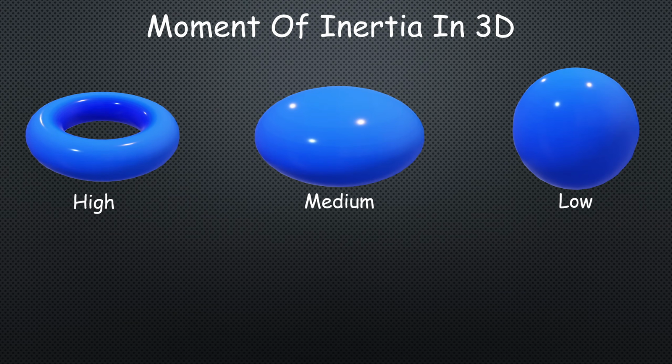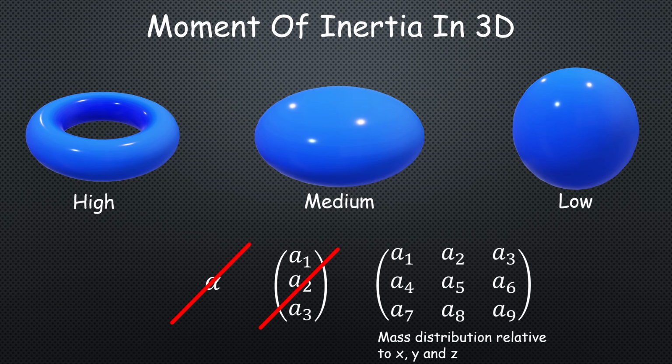The moment of inertia is probably the most interesting concept when moving to 3D. The way that the body resists rotation depends on the axis. A scalar number cannot describe this resistance in 3D, nor can a vector, but a matrix can, because it allows us to encode the resistance to rotation on all three axes.